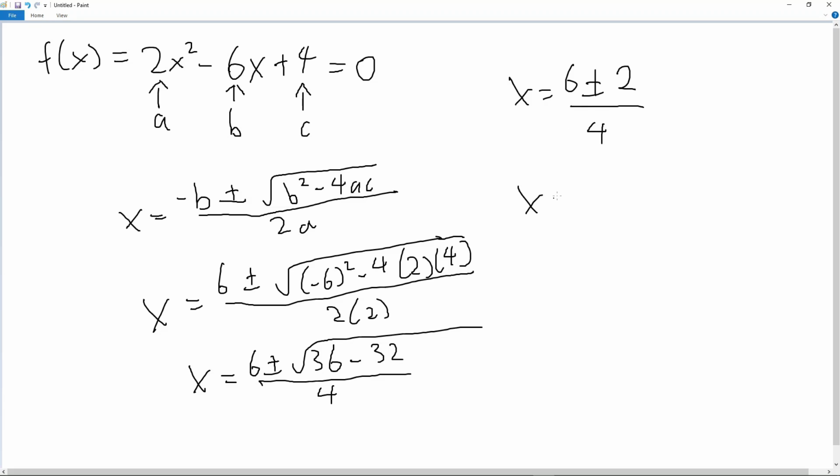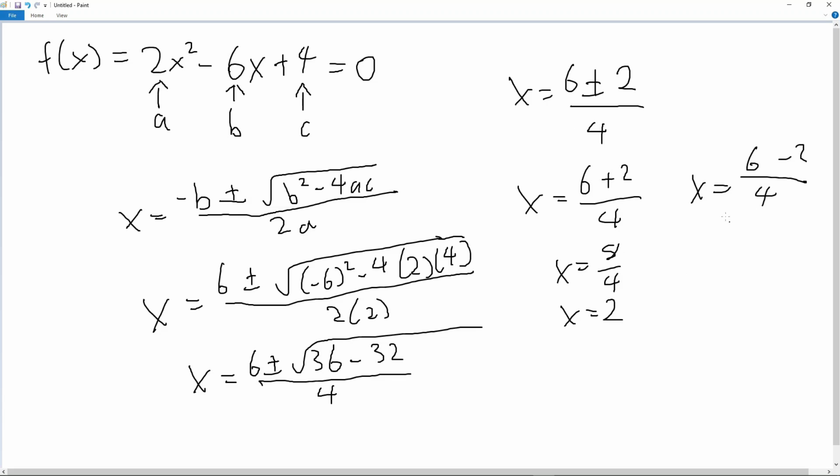Then you can split this into two equations. First, x equals 6 plus 2 over 4, so x equals 8 over 4, and the answer is x equals 2. Then x equals 6 minus 2 over 4, so x equals 4 over 4, and x equals 1. As you can see, you still get the same answers as you would get when factoring.